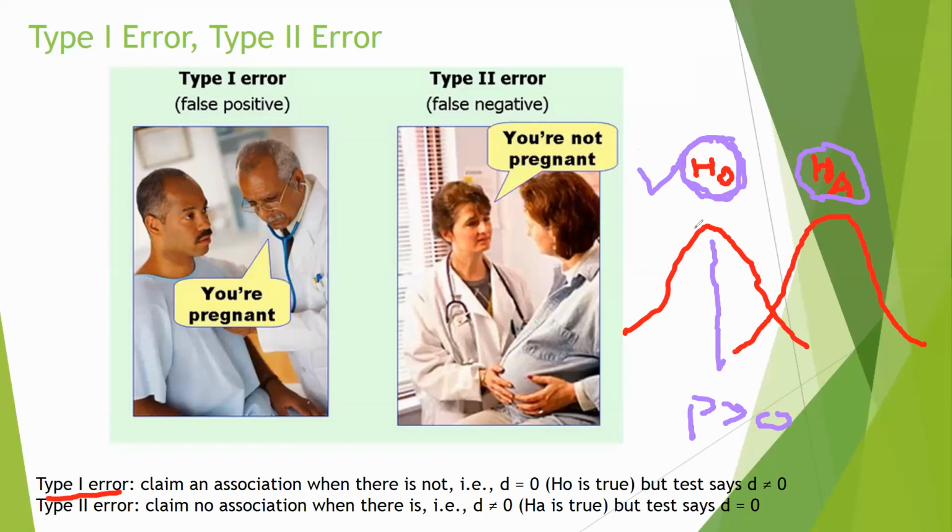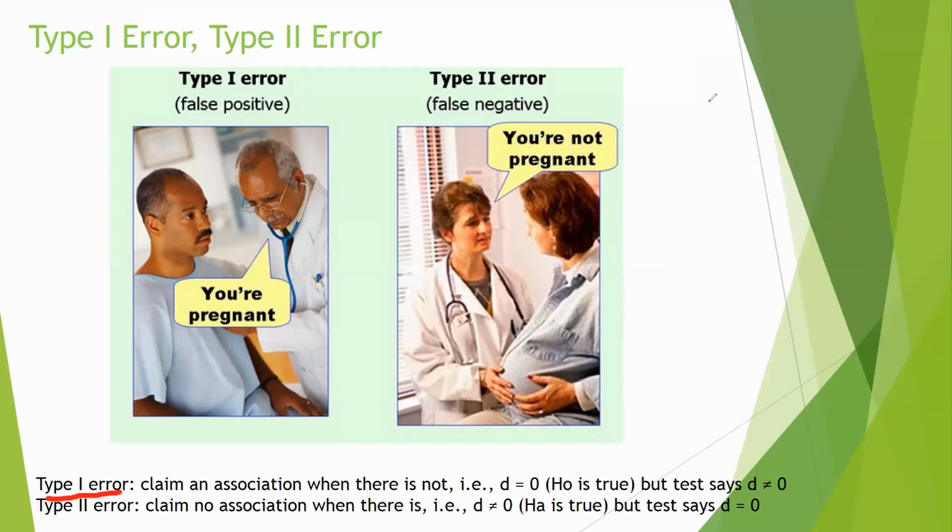Otherwise, if the p-value is very small, our data doesn't fit the null model at all, so we are going to reject the null hypothesis and just take the alternative hypothesis. So this is hypothesis testing.